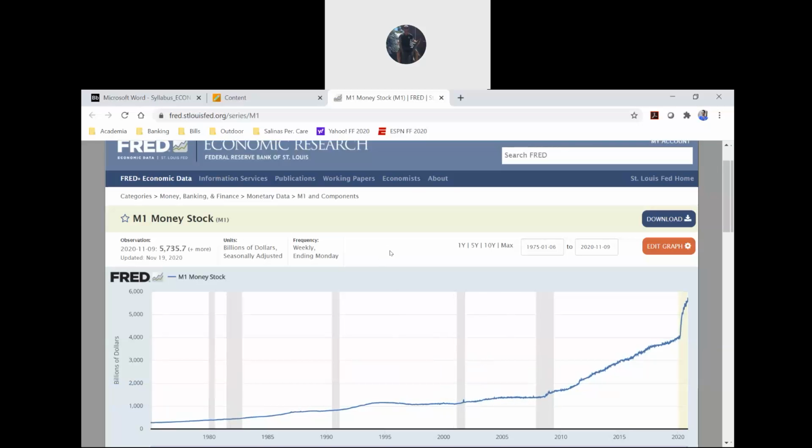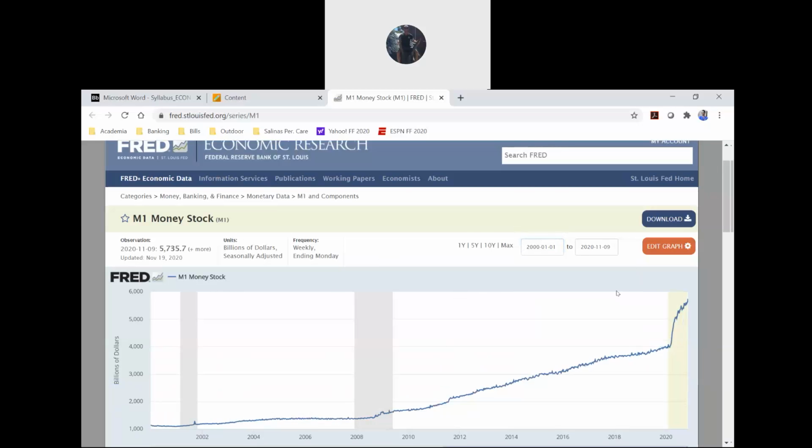If I zoom into the more recent trends, you can see the normal behavior you'd expect with the M1 money stock. It grows over time.